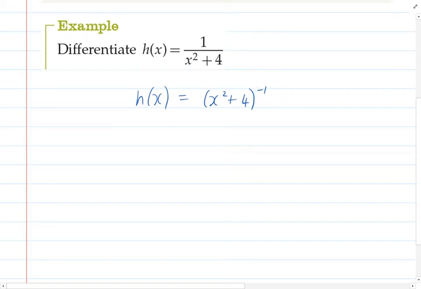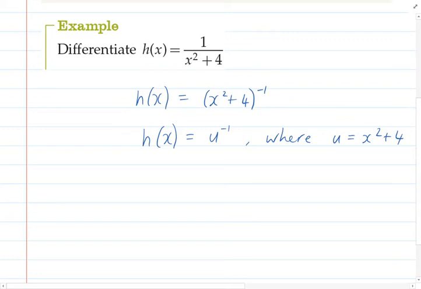And so what the chain rule says is, in that case, make a substitution. So write it in terms of another letter. So I'm going to write it as u to the power of negative 1, where u is the stuff inside of the brackets.